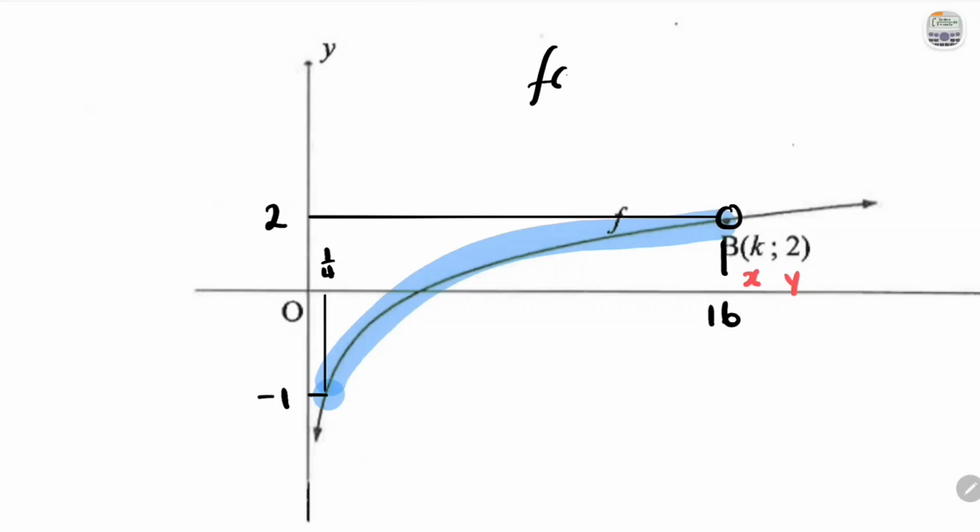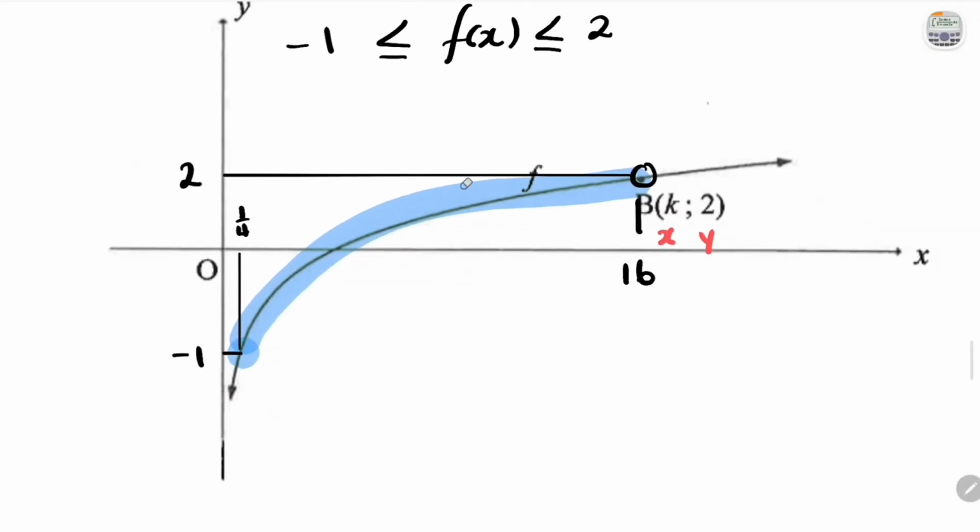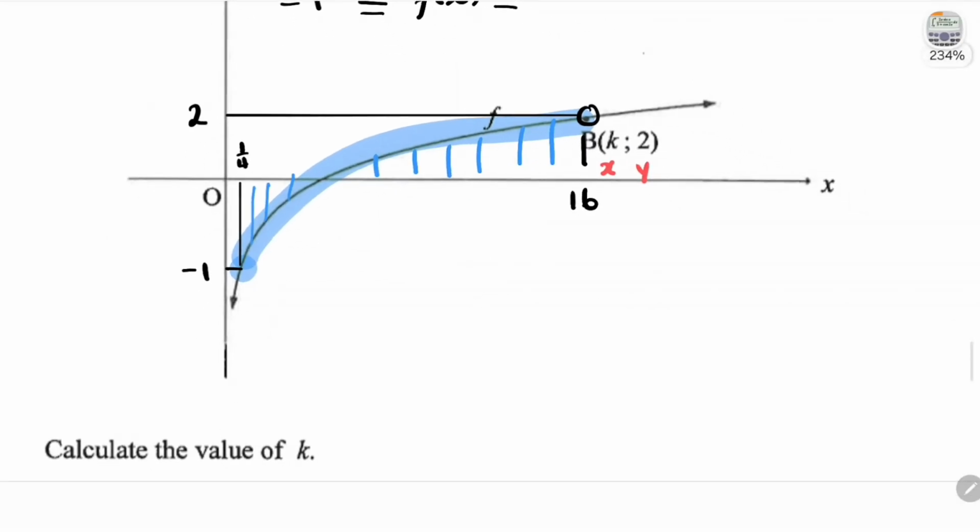So where is f of x, the y values of this graph, greater than or equal to -1 but less than or equal to 2? It would be all through here. If we line these up to the x-axis, you see that these are values greater than 1/4 but less than 16. We can say but equal to as well.